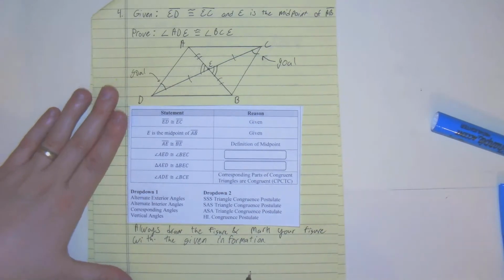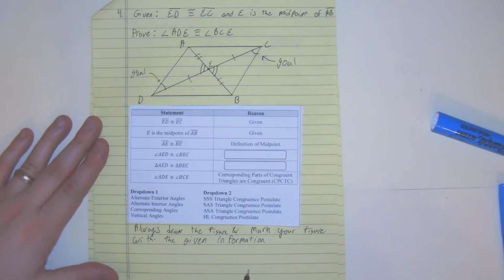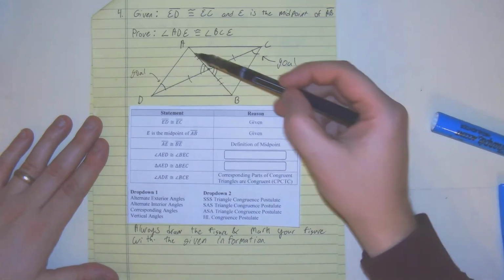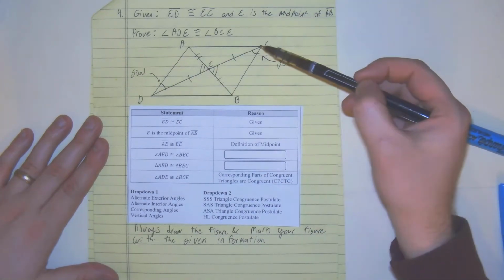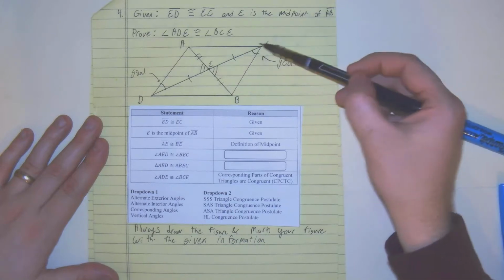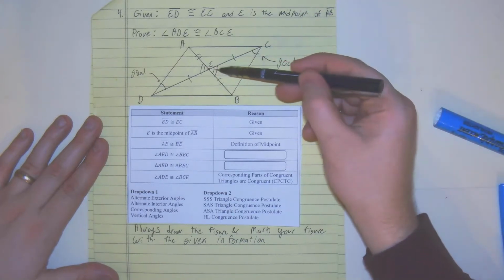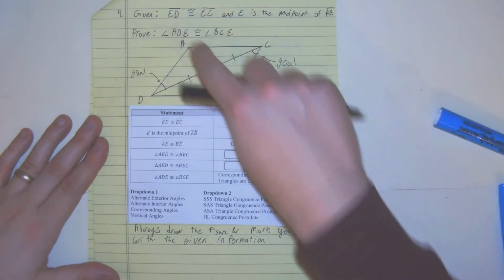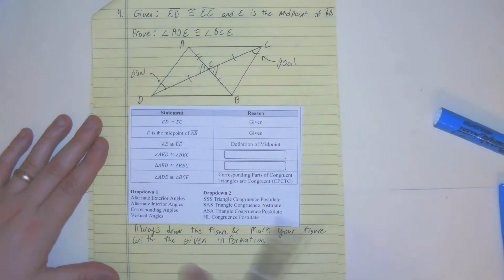So here, when you're doing the EOC, it's just a vocabulary test almost. So AED, BEC. They're opposite angles from two lines that intersect, and we have 4 choices. Alternating exterior, alternating interior, corresponding, vertical.